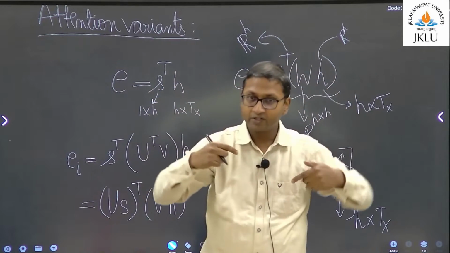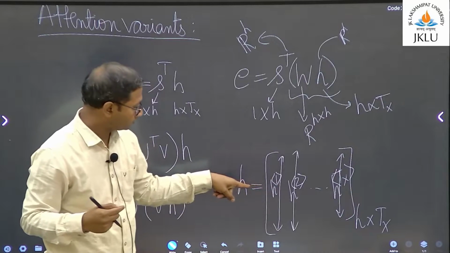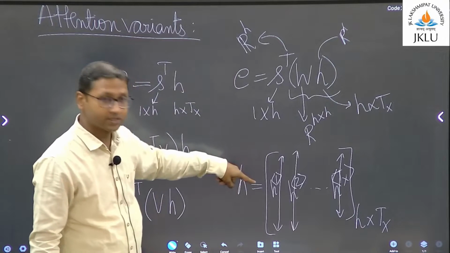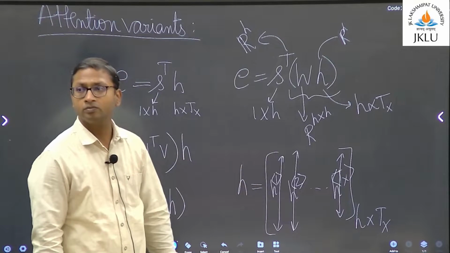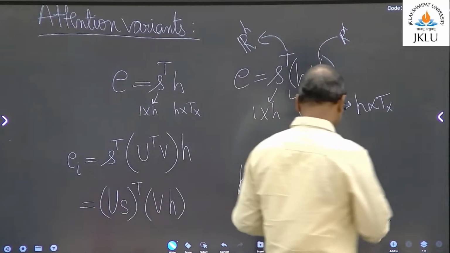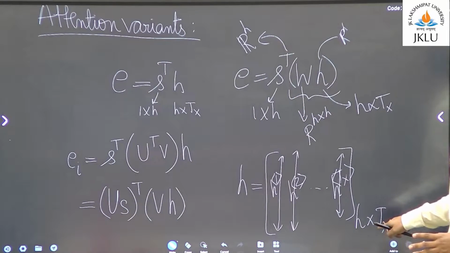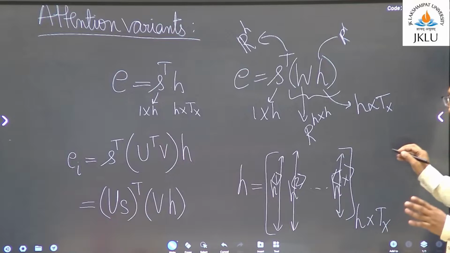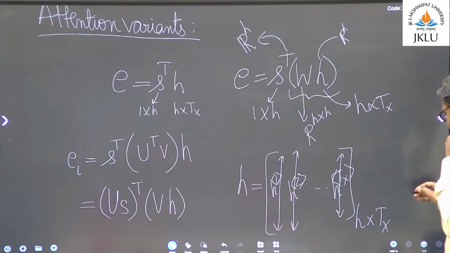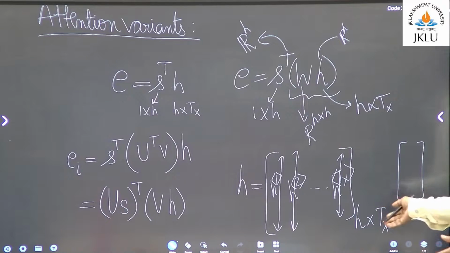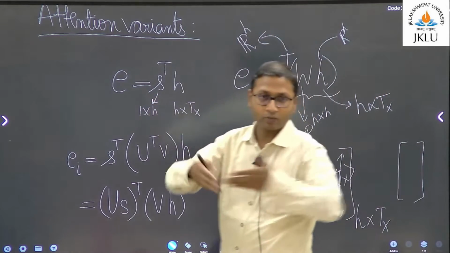So you take a weighted average of this H again. In fact, I like this much more because now you can simply multiply this with this. Can you? Right? So this was H cross Tx. If I do something like Tx cross 1 here, I get H cross 1, and that is basically my linear combination of everything.